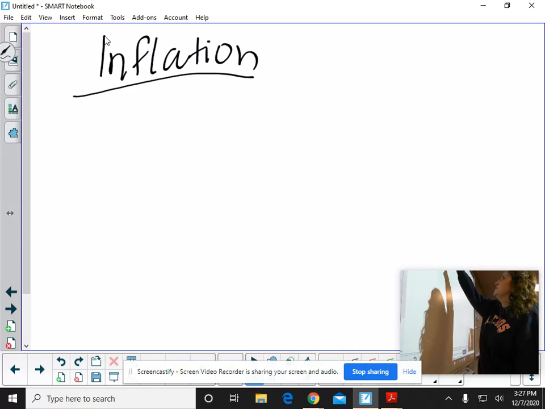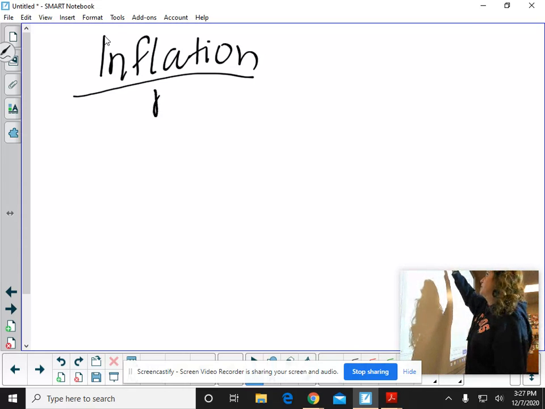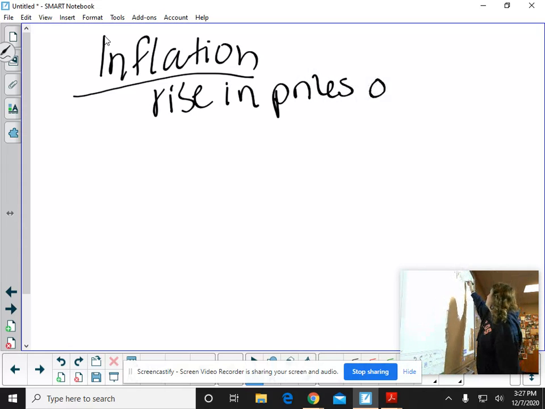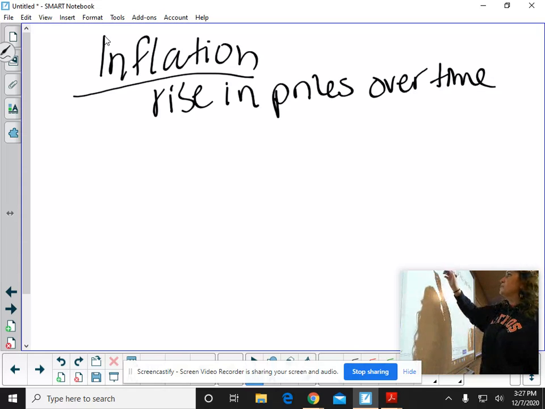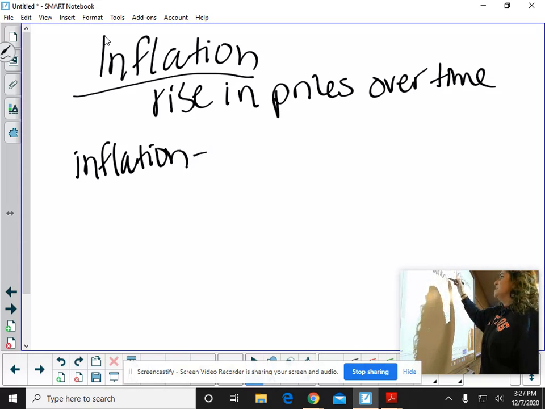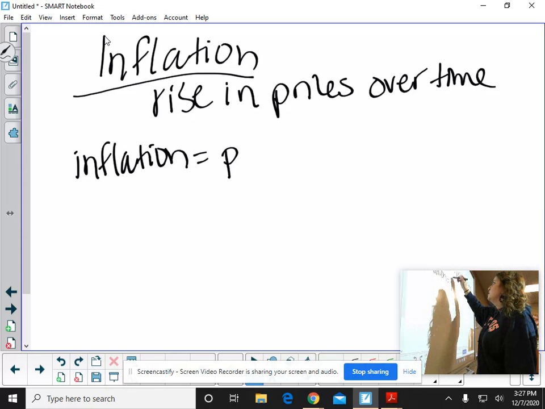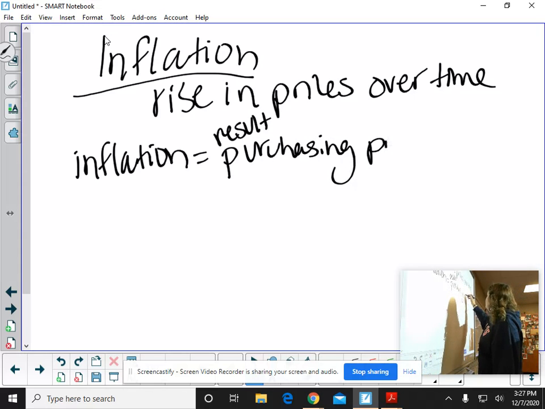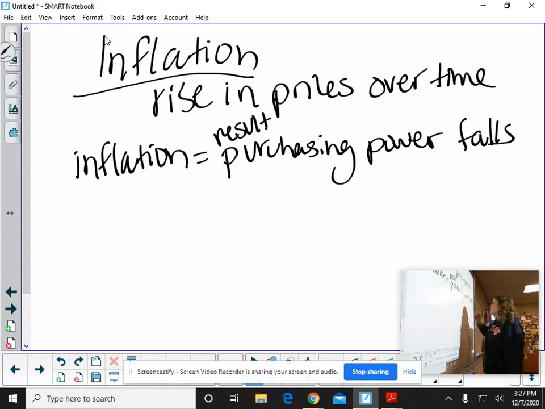So inflation is the rise in prices over time. So remember, when there's inflation, which means higher prices, it makes your purchasing power fall. So the result of inflation is your purchasing power, the power of each dollar falls, because your dollar's buying less if prices are higher.